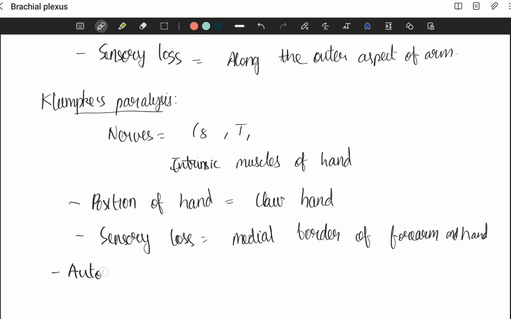One thing to be noted here is an autonomic sign called Horner's syndrome is present. What is Horner's syndrome?